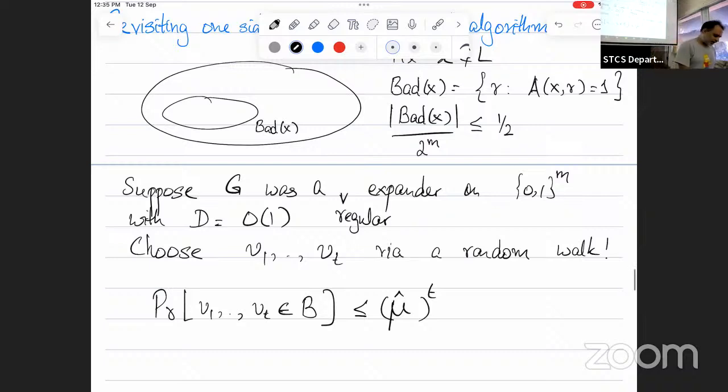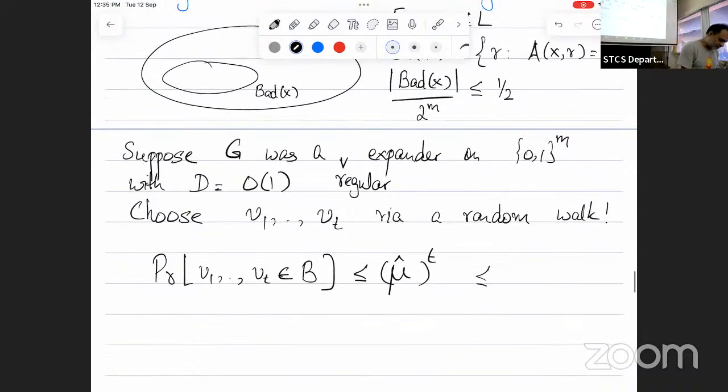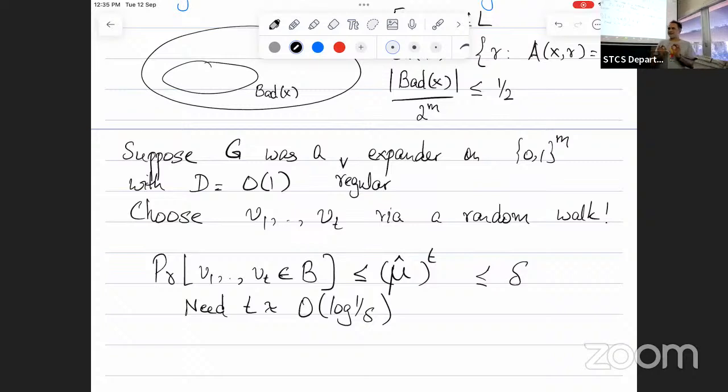And so if we want this to be at most delta, then I need t to be basically order log 1 over delta. There are some things that I'm hiding here. It's a question of how close this mu hat is to 1 and so on.